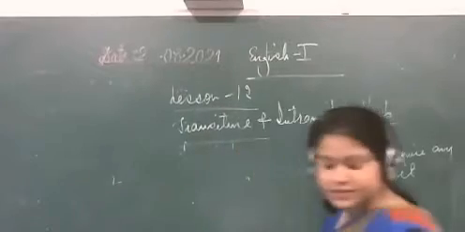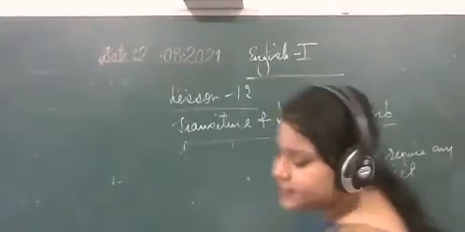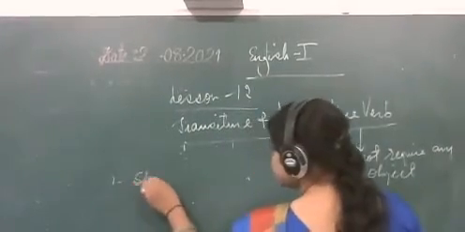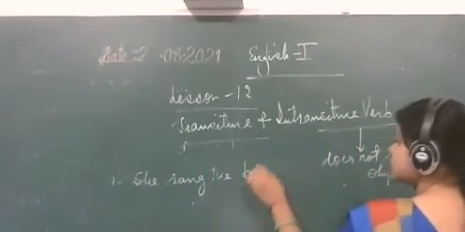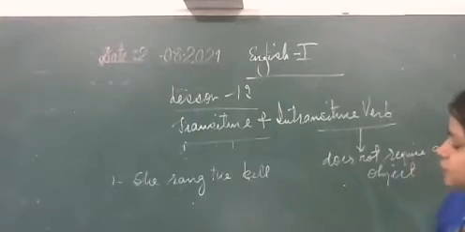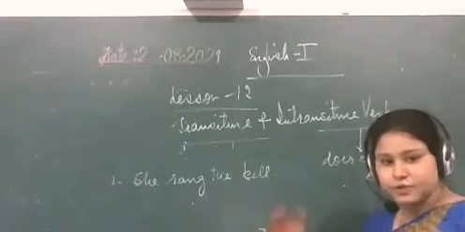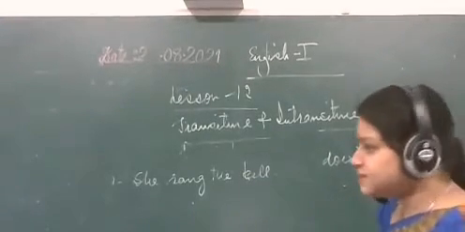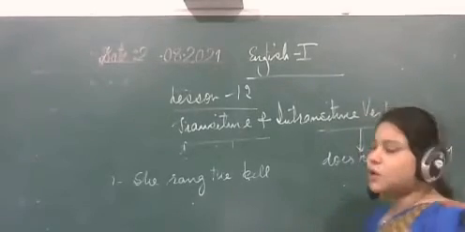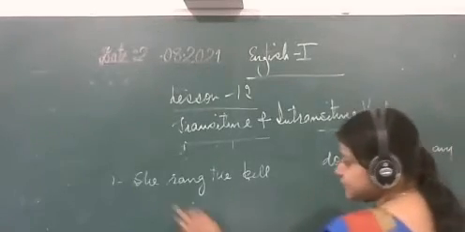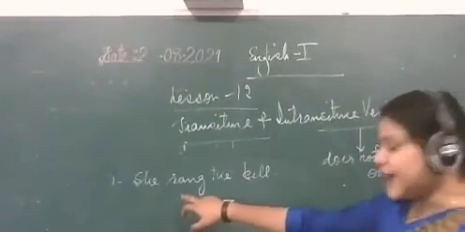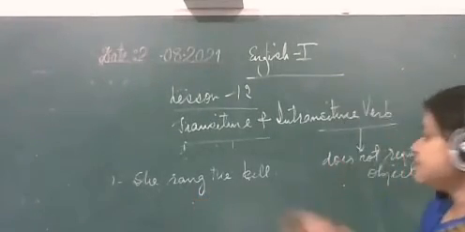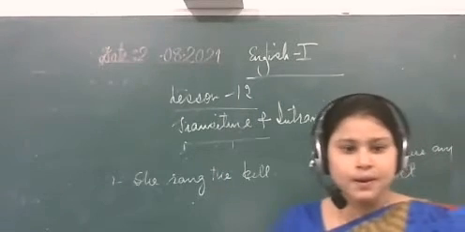Your first sentence says, she rang the bell. So here is the first sentence. You have to find out the transitive verb as well as its object. Students, you can see that she is the subject, rang is our verb, and the bell is what?